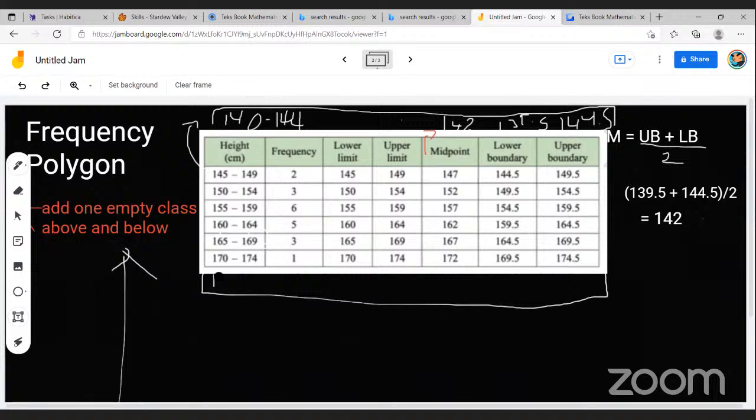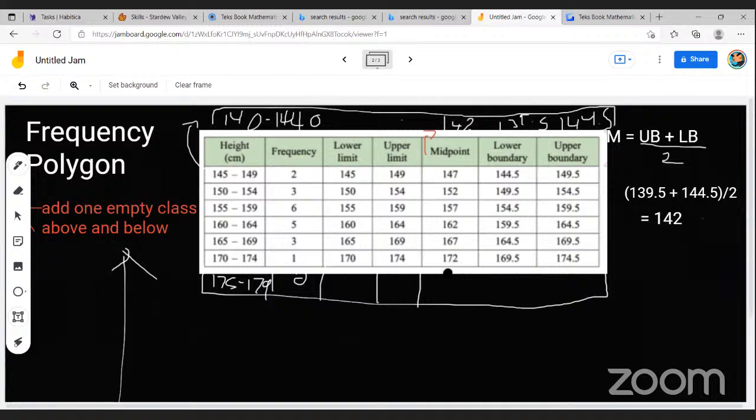Close. Very close. Actually, extremely close. Wait, 179. Yeah, 179. So from here, these are your two extra classes, and both of them have a frequency of 0. I'll explain why we need these empty classes in a bit.